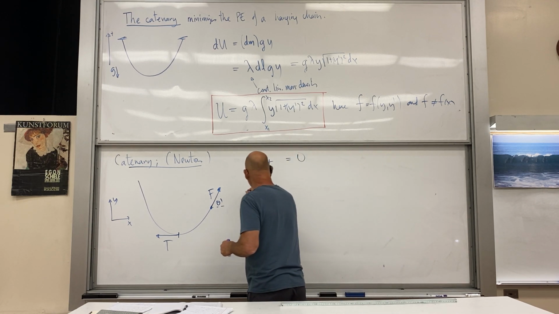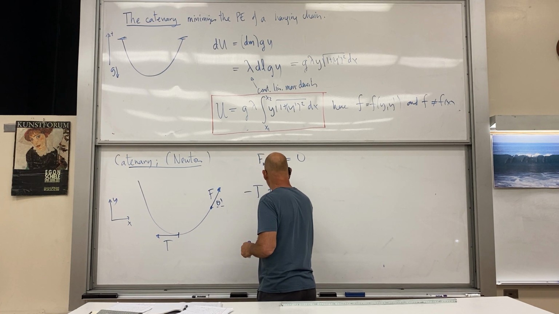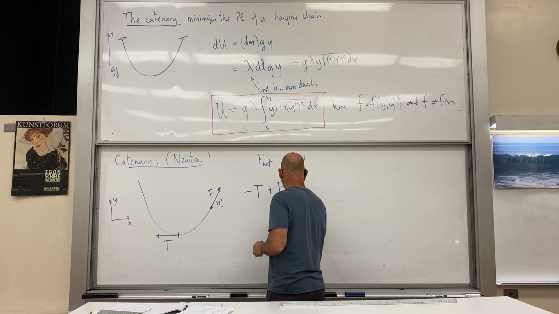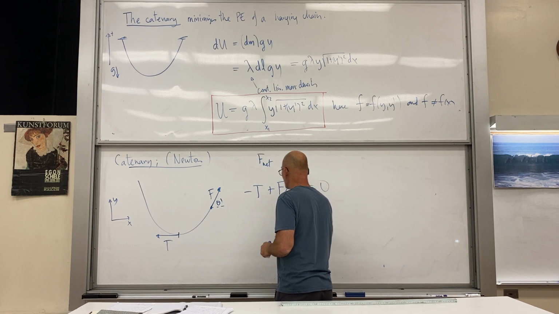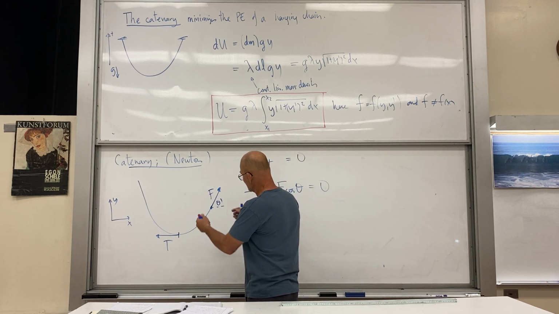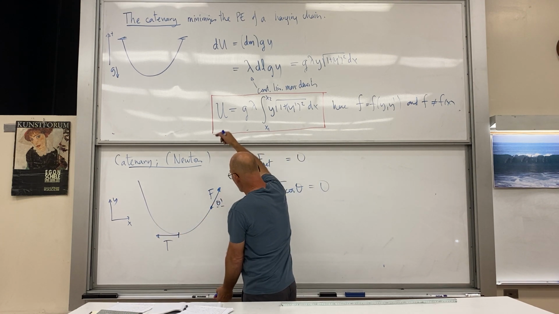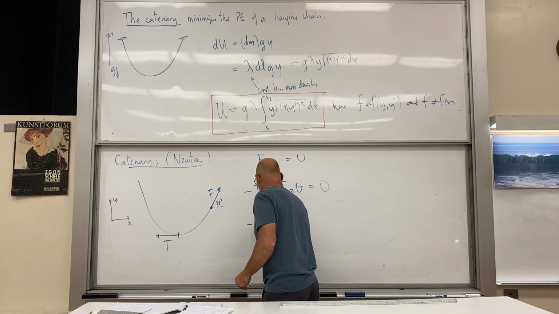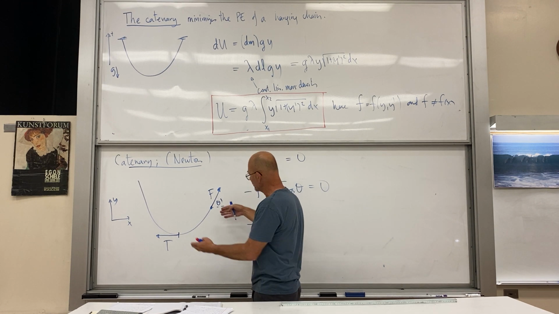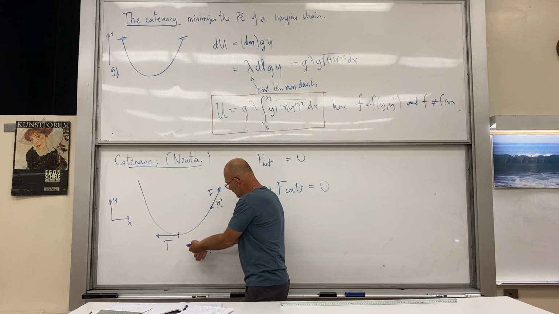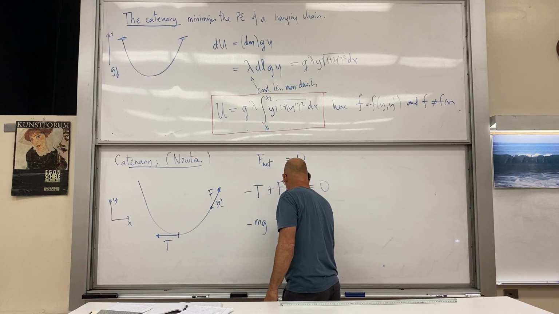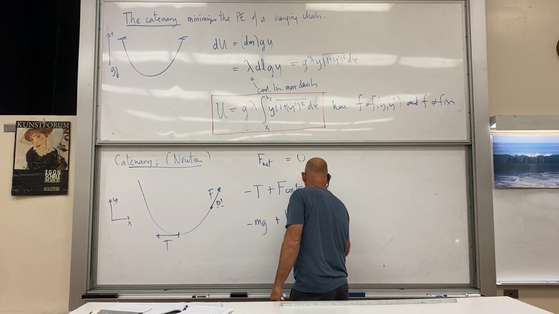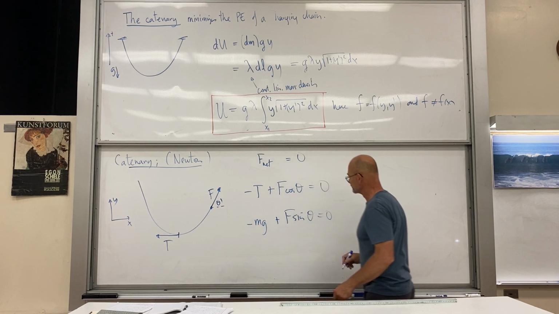So now we have minus tension plus F cos theta equals 0. Okay, in the x direction, and in the y direction, we've got minus mg, the weight of this thing, right, pointing down, plus F sine theta is equal to 0.